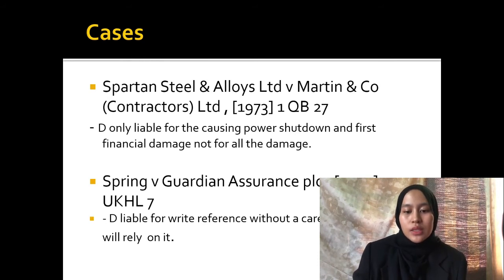The consequence was that the plaintiff suffered financial loss. The court held the defendant was liable for the cost of the failure of electricity, but not liable for physical damage that was expected to happen because it is too remote or outside the scope of the defendant's duty of care.